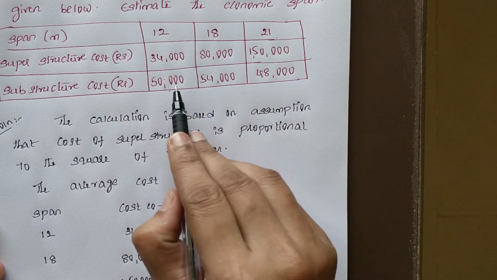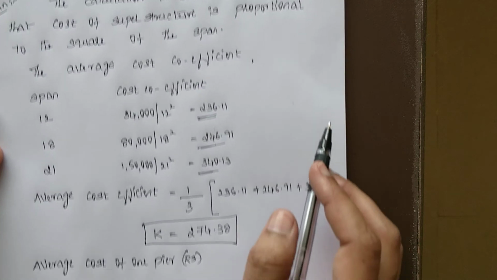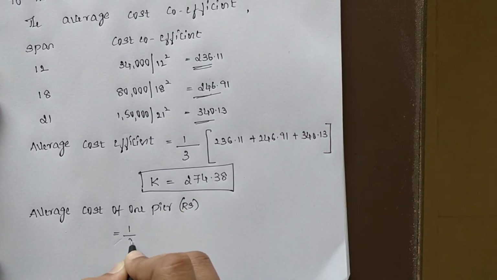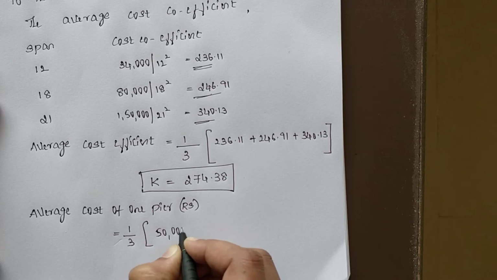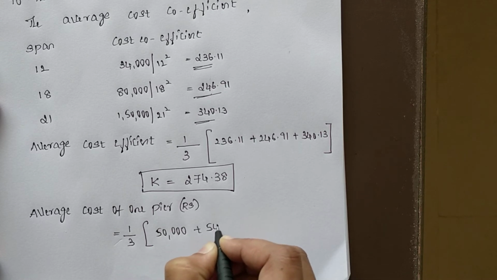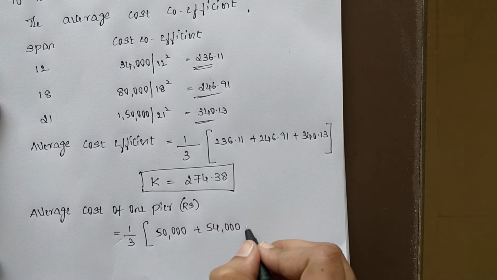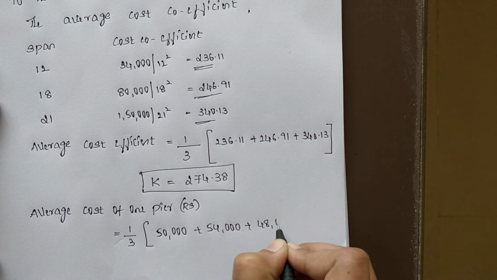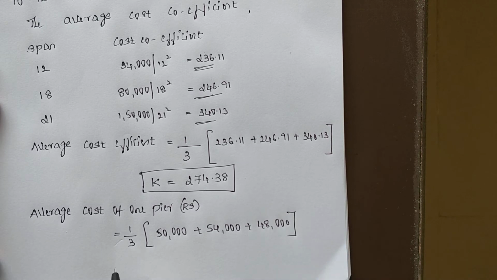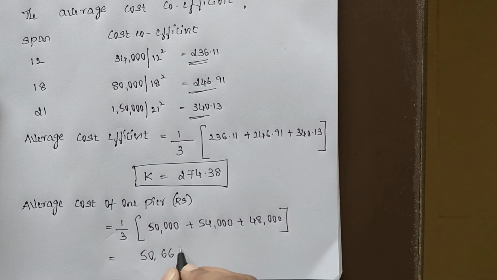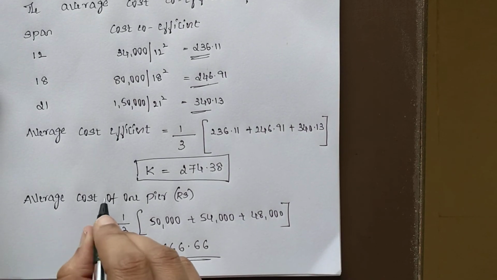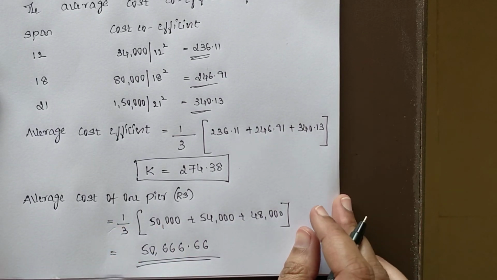For the different spans, take the average of this, that is 1 by 3 times 50,000 plus 54,000 plus 48,000. Calculating the average, you get 50666.66. This is your average cost of one pier.